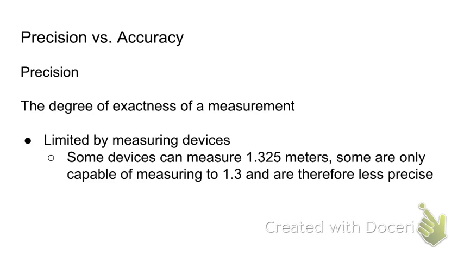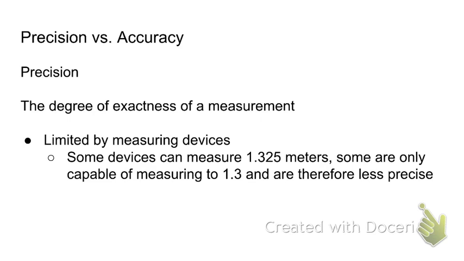If you have a scale that can measure to 4 decimal places or a ruler that can measure 1.325 meters, then that device is going to allow you to be more precise than a ruler that only has markings that allow you to measure 1.3 meters, and they don't know any of those further decimal places. So the more precise you are, the more detail to the exactness of your measurement you can get. Usually if we are inaccurate, that's a use problem or a skill problem. If we are imprecise, that's a limitation from the tools you were using.